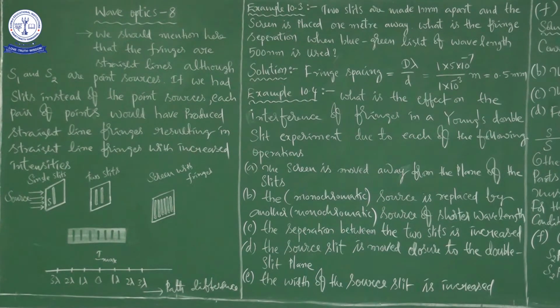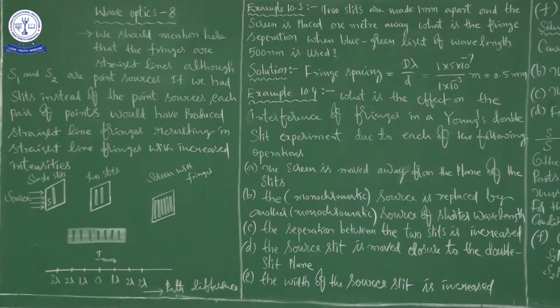So there itself we derived an expression for constructive interference and destructive interference, that is S2P minus S1P is equal to X into small d by capital D. That you can also write Xn is equal to n lambda capital D by small d, where n is equal to 0, plus or minus 1, plus or minus 2, etc. It is for constructive interference.